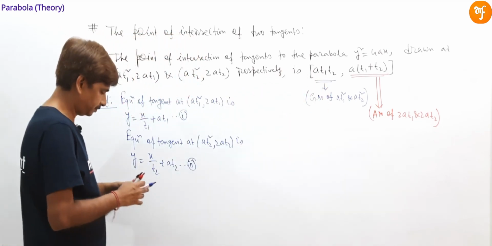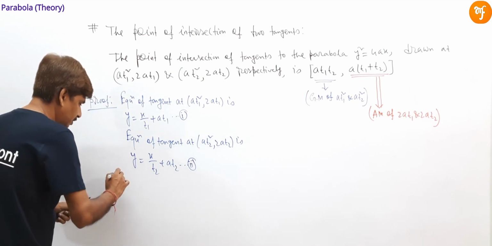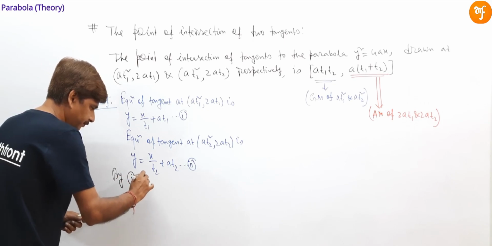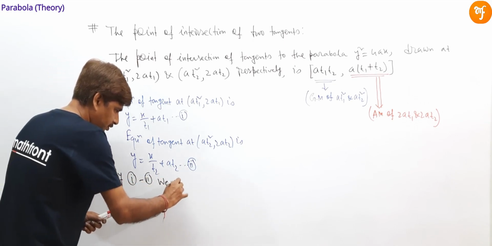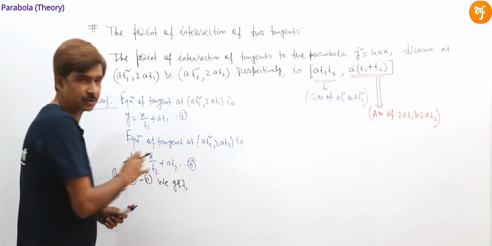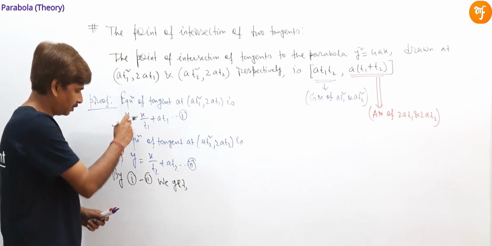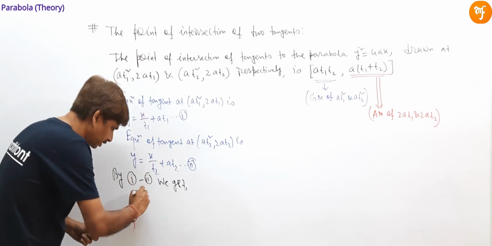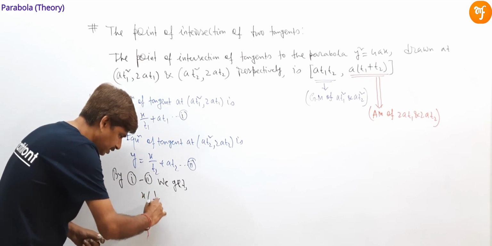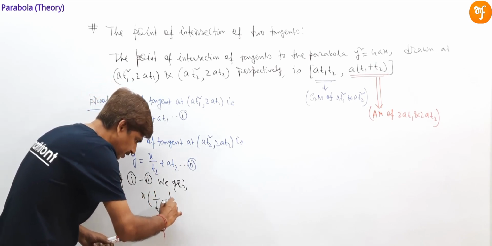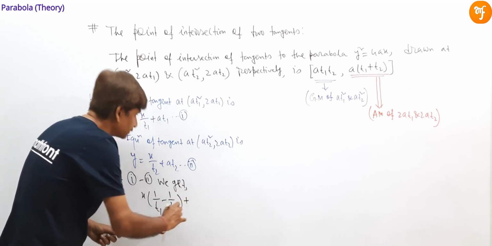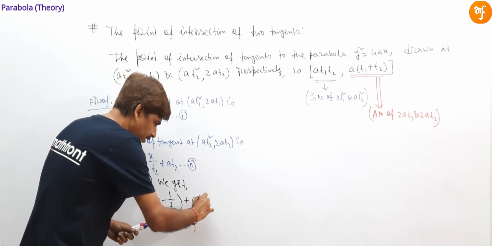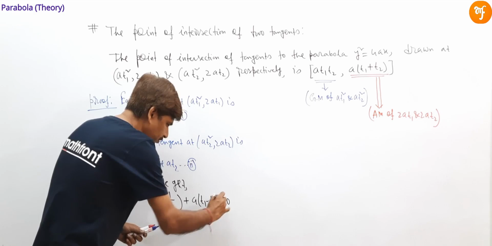So solving 1 and 2, by 1 minus 2 we get, if we subtract equation 2 from equation 1, y minus y is 0, x by t1 minus x by t2, so we can take x common, 1 by t1 minus 1 by t2, plus at1 minus at2, so we can take a common, t1 minus t2 is equal to 0.